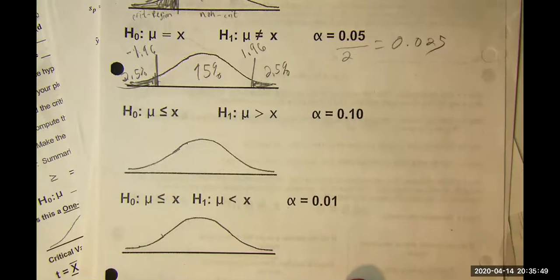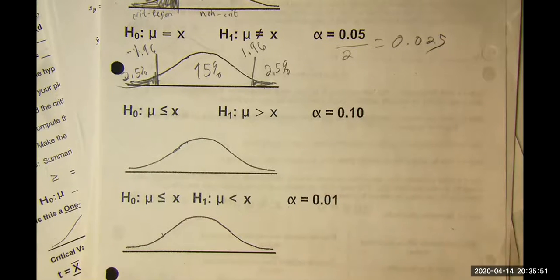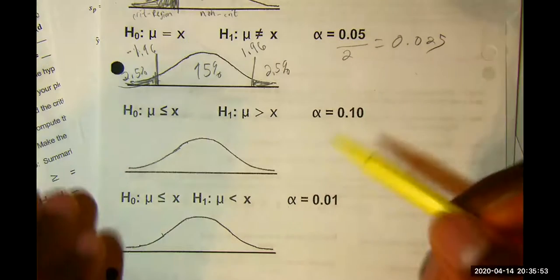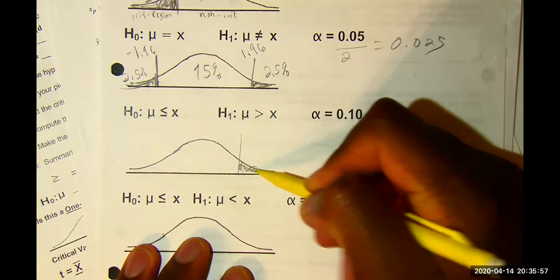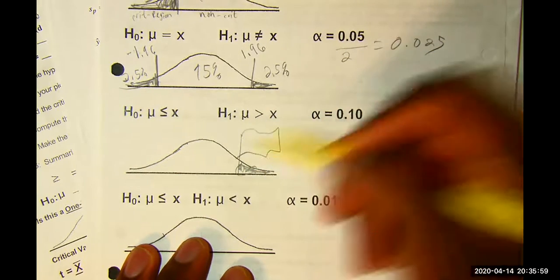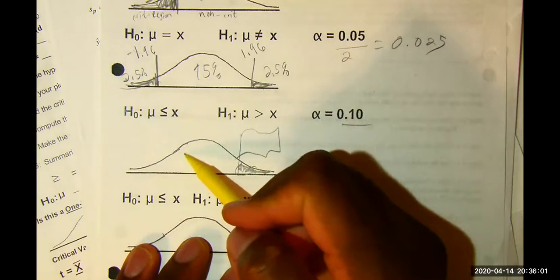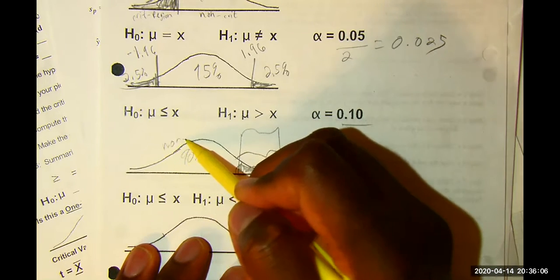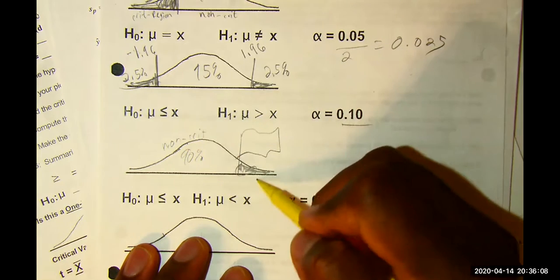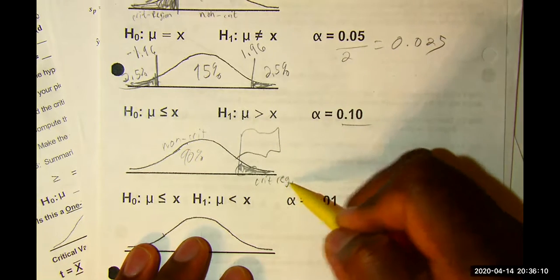So again, there's 2 more. Try to do these on your own and then check. Right-tailed. Let me do my little flag. So 90% is here. This is my non-crit region here.